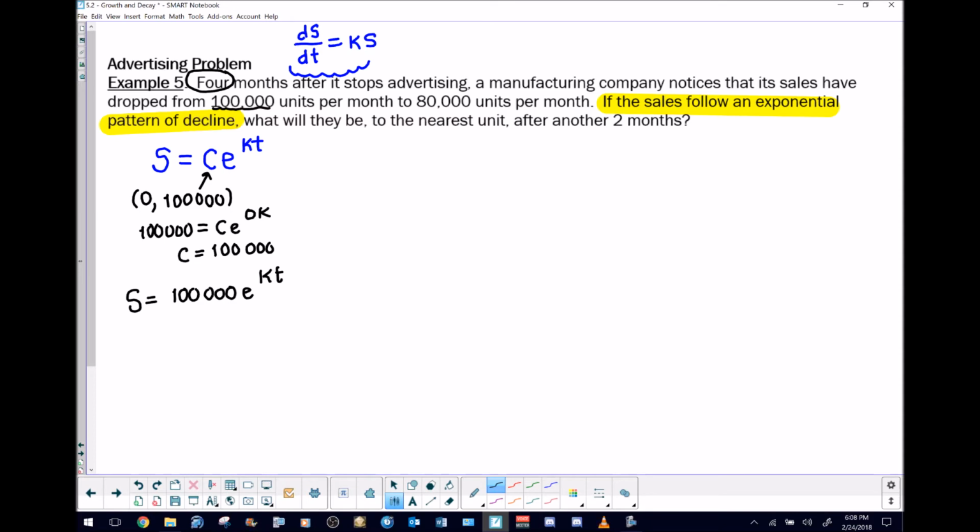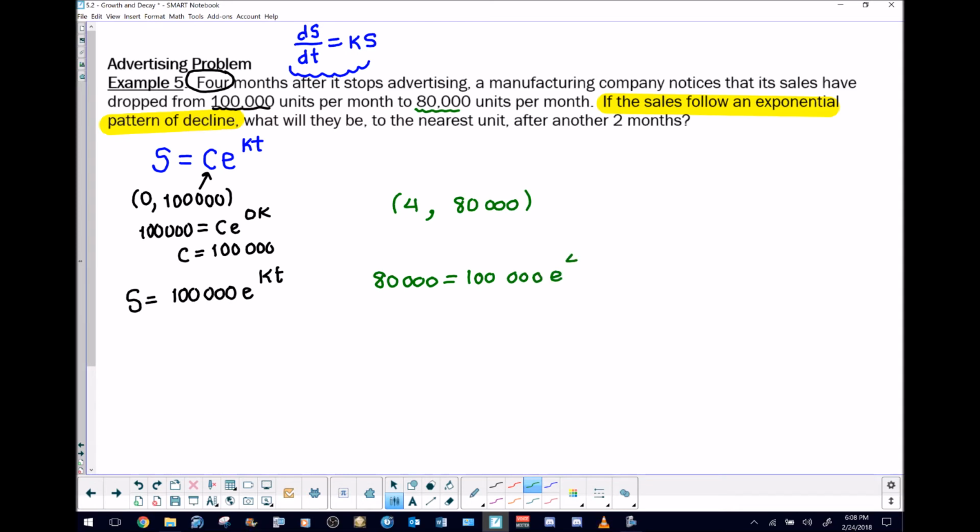But our next obstacle is to find the value of K, and that is where this information is going to come in. We know that the 80,000 is going to be the amount of our sales when the time was 4 months after it stopped advertising. So we're going to let the sales be 80,000, while at the same time we let T be 4.